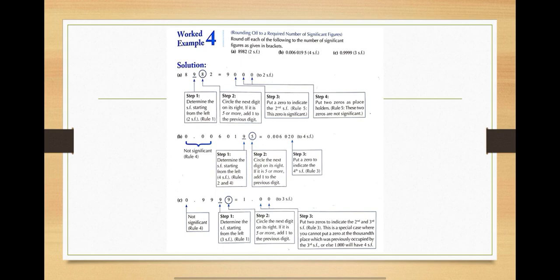The other 3 zeros are insignificant. But because the question requested 2SF, in this case you have no other choice but to make the 0 beside the 9, that one 0, a significant number.